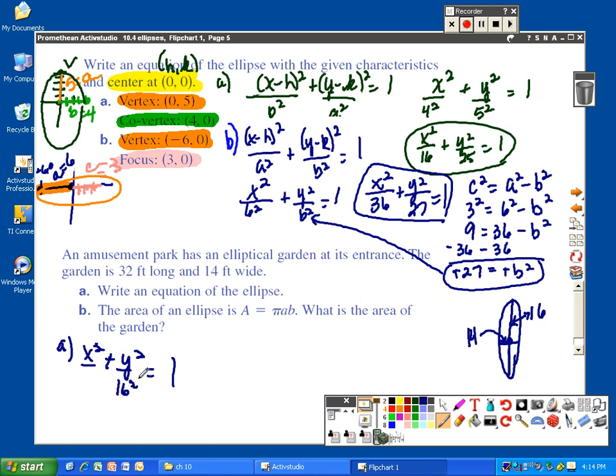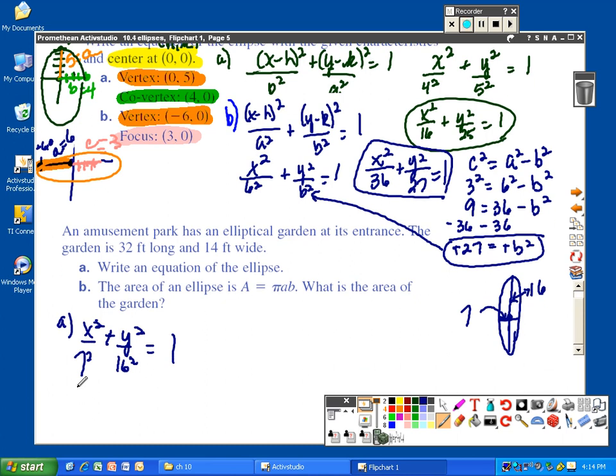This should be, oh no, the whole width is 14, so b should be 7. 7 squared. So x squared over 49 plus y squared over, what's 16 squared? Okay, so there's our general equation.